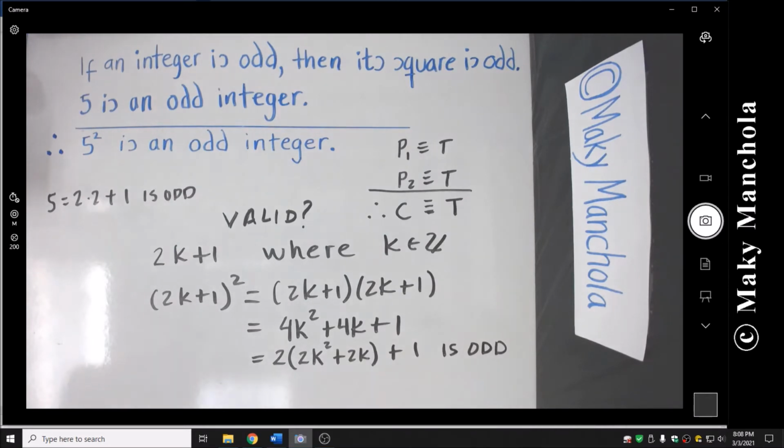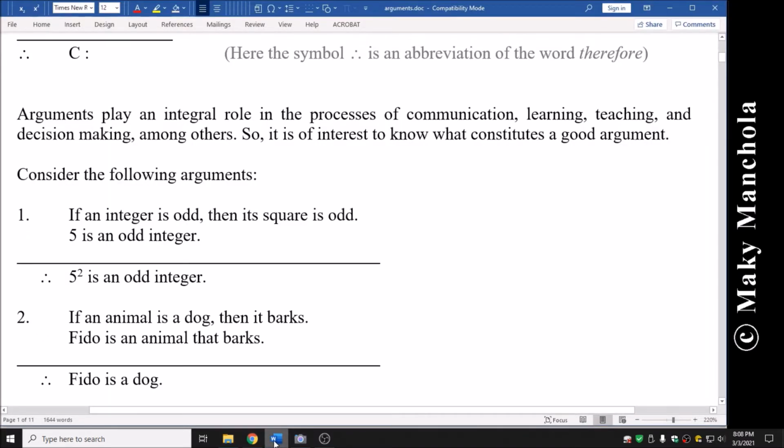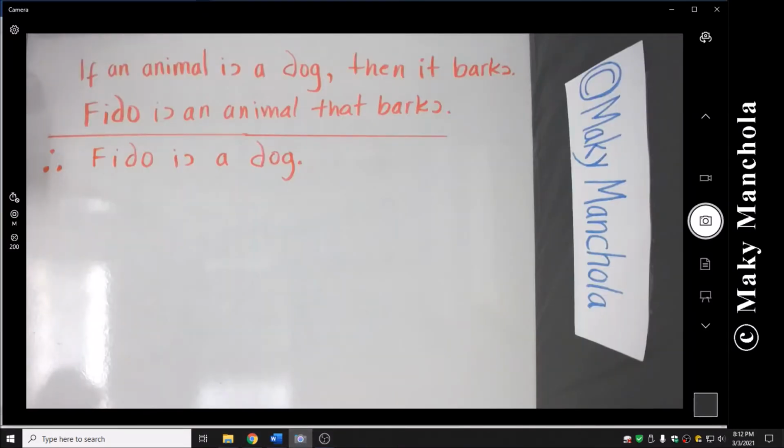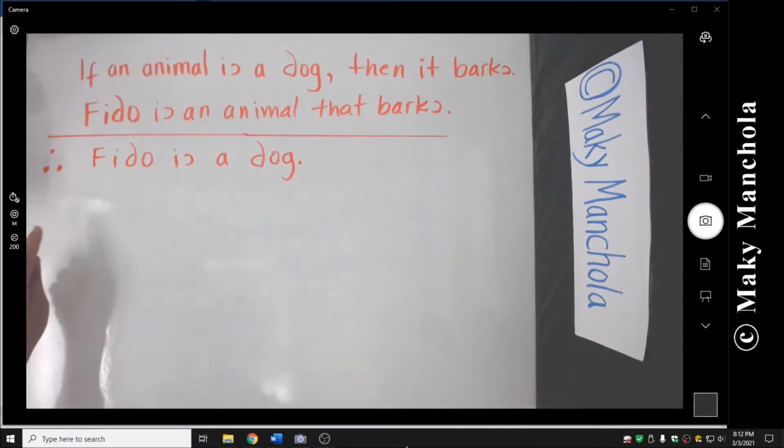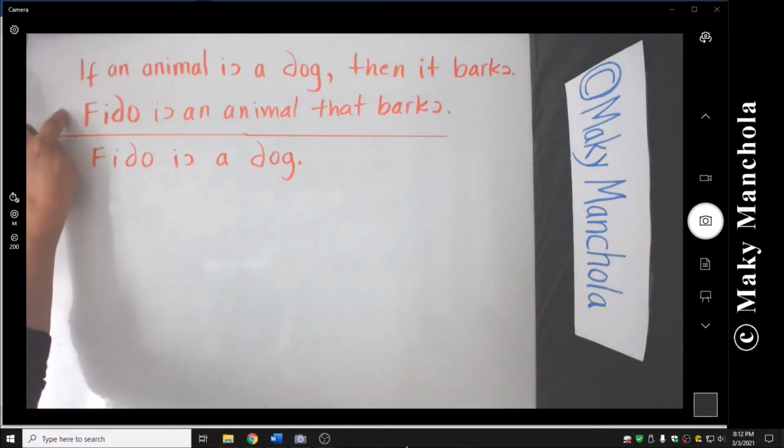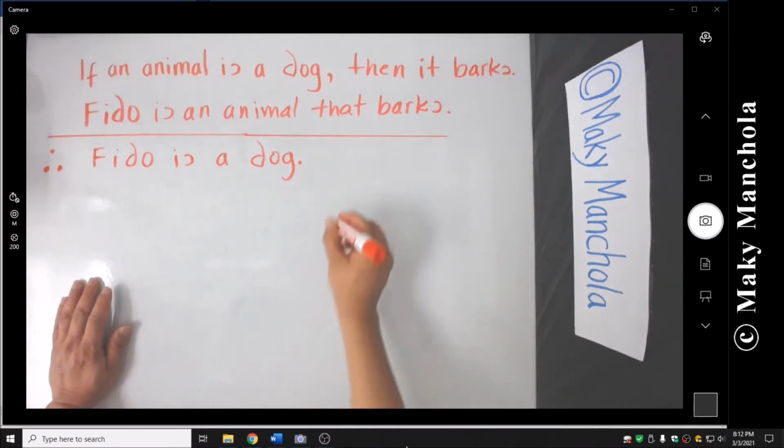Now let's go and look at our second argument. If an animal is a dog, then it barks. Fido is an animal that barks. Therefore, Fido is a dog. In this argument, we again have premise 1, premise 2, therefore conclusion.